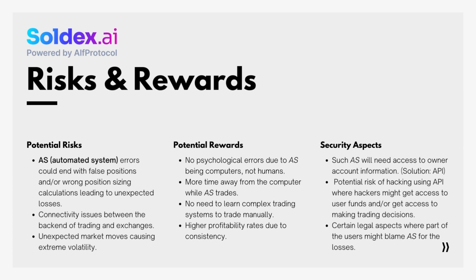And also, of course, there are certain legal aspects, where a part of the users will always blame automated systems for potential losses, because let's be honest, trading systems are not always profitable. There is no such thing as a 100% win rate in financial markets, meaning that sometimes you may see losses, sometimes big wins, big losses, small wins and small losses.